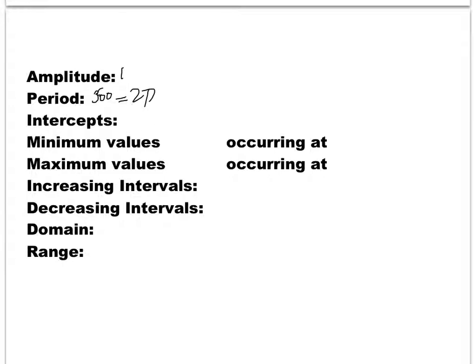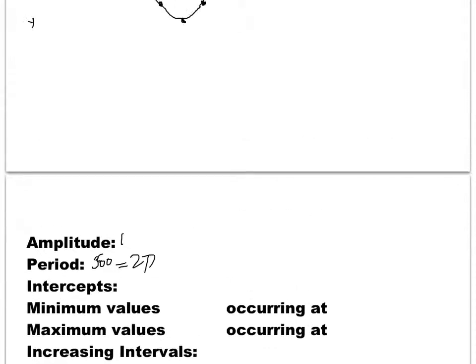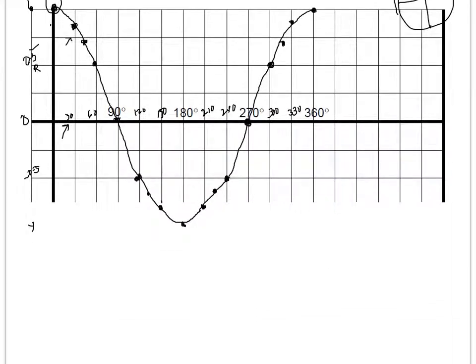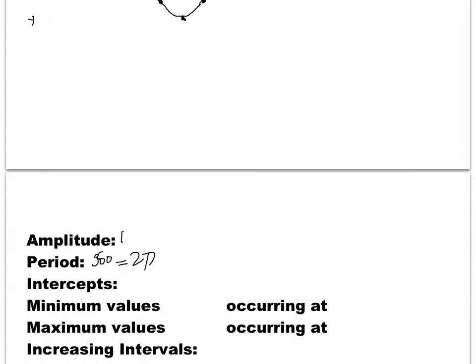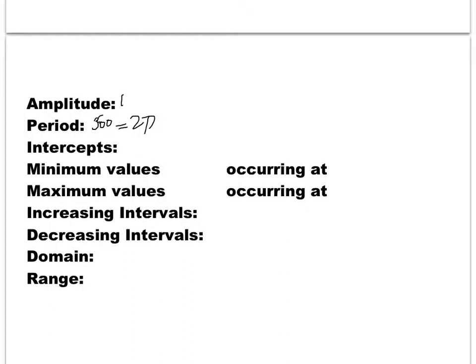Now the next question says, what are the x-intercepts? If you look at the graph, what are the points where the graph crosses the x-axis? You can see that the points are 90 degrees and 270 degrees. So I can say that the x-intercepts are pi over 2 and 3 pi over 2.